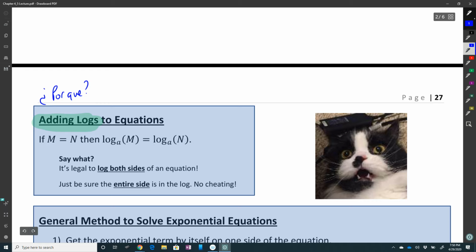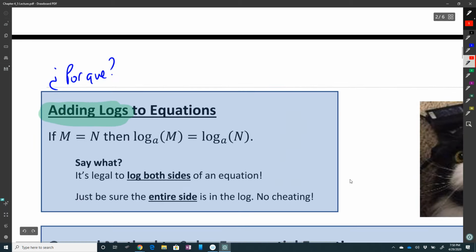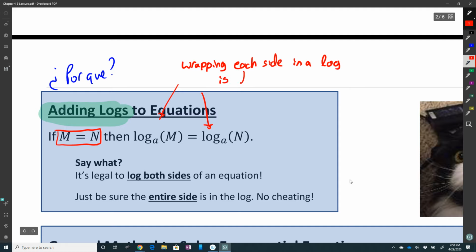All right. Why would we make a problem more complicated? If you look at this, it says if you have a happy equation, just chilling, doing its own thing, if you put a log on both sides, so wrapping each side in a log is legal.